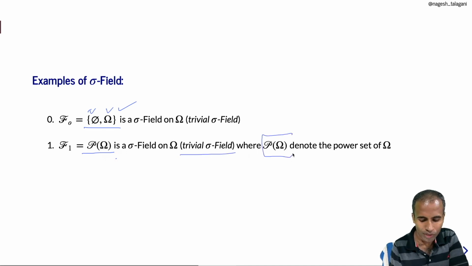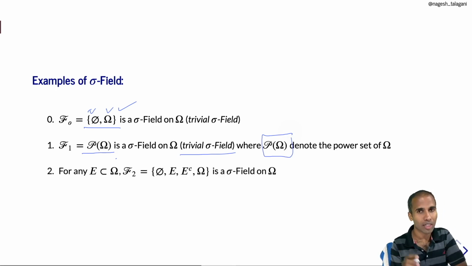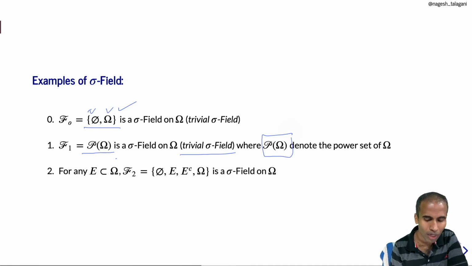This is the notation for the power set of omega, the collection of all subsets of omega. These two will always be sigma fields on any omega. Let me give a non-trivial one. For any one subset E of omega, if you include just these four subsets, the empty set, E, E complement and omega, this will be a sigma field. You can easily check conditions 1, 2, 3. Feel free to verify this.